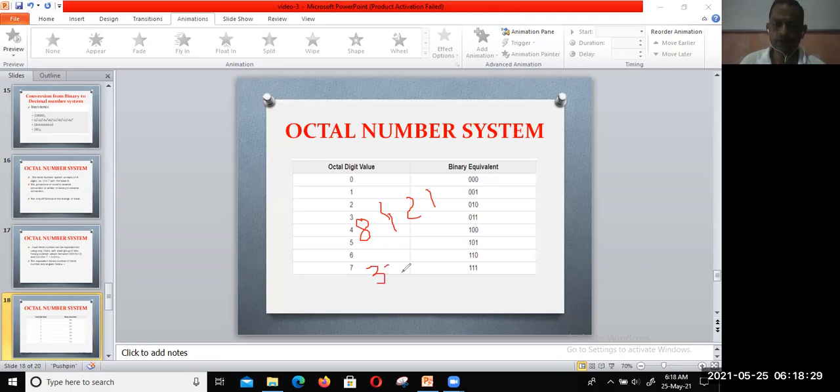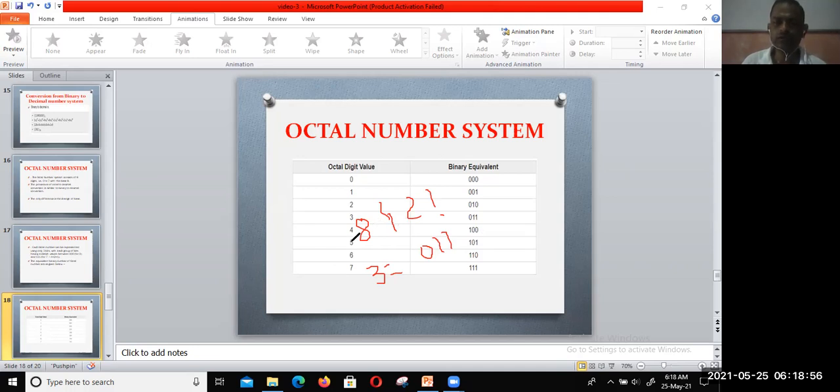First of all, we take 1 plus 2. Put 1 here, and again we require 2, 1 plus 2 that is 3, put 1 here. And the rest we put 0, because it is 3 bits. So 0, 1, 1.